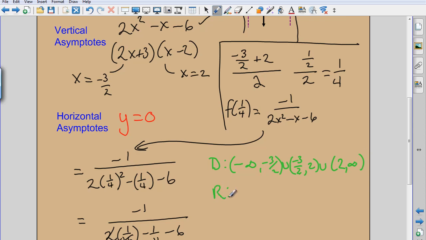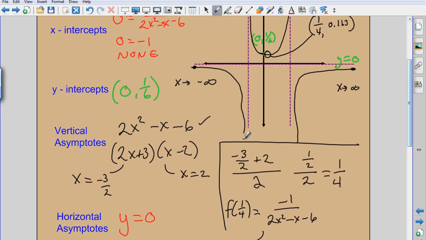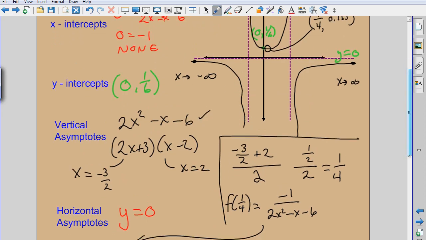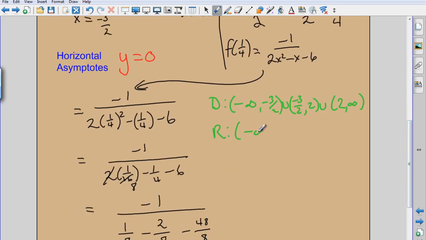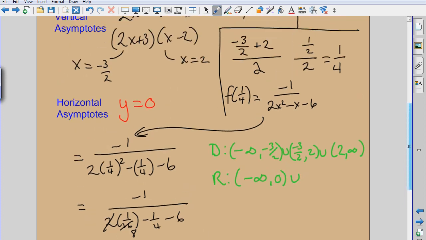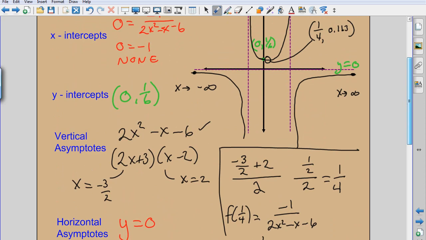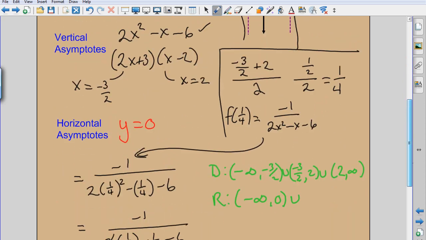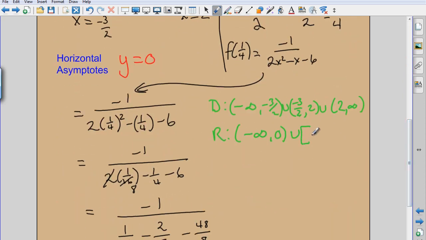The range, because we've done that work, we know it runs, if we look at the graph, from negative infinity up to 0, but not including it, negative infinity to 0, and also from that new minimum point of 0.163 to infinity.